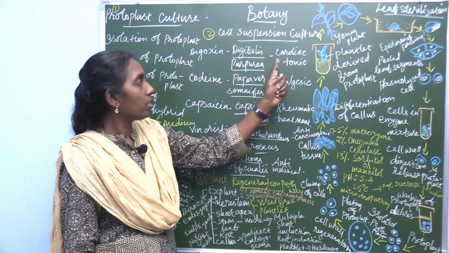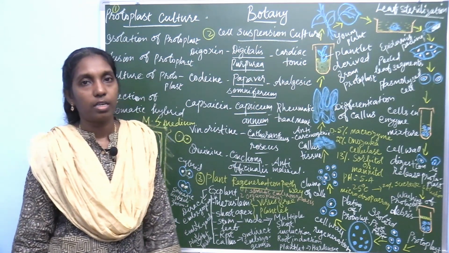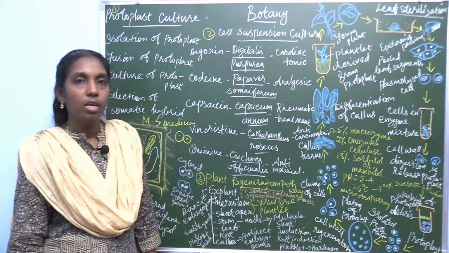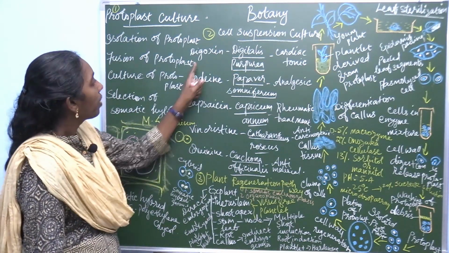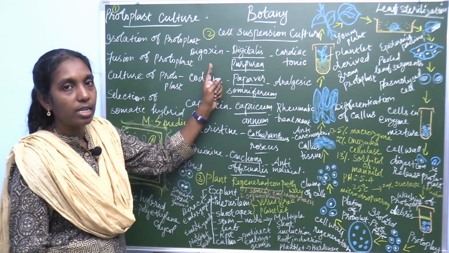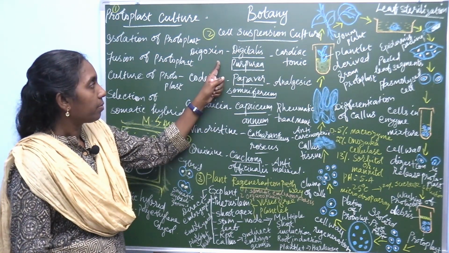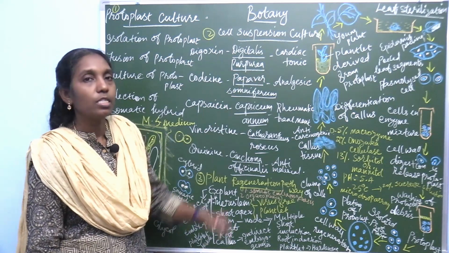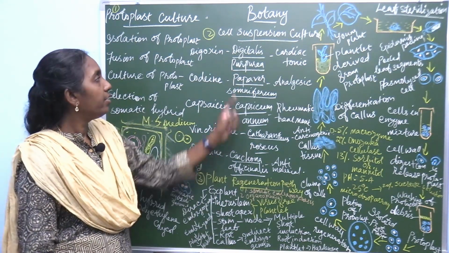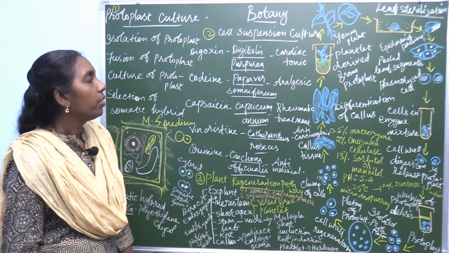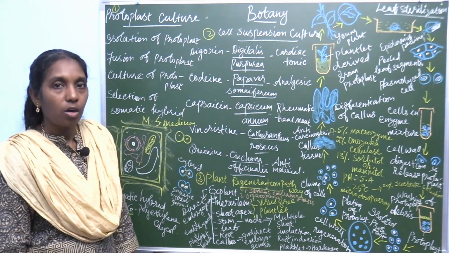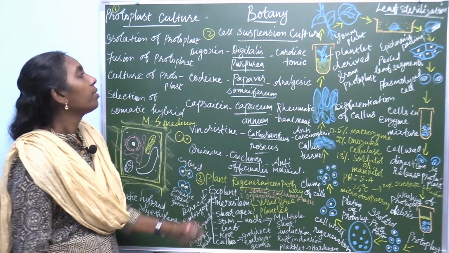It is used as a cardiac tonic, to treat heart disorders. The product or secondary metabolite is digoxin, the plant source is Digitalis purpurea, and the use is cardiac tonic.